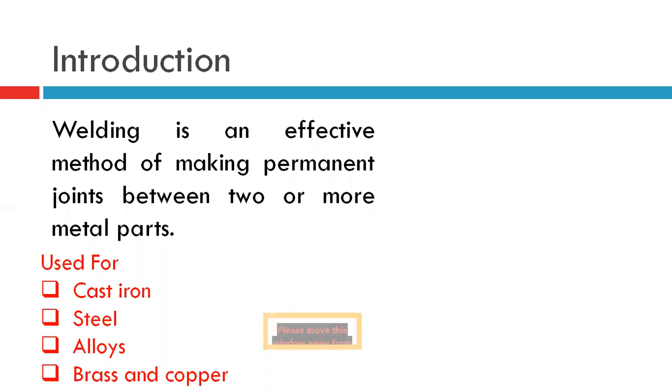In that case the two parts are definitely joined, but later we can disassemble them and remove them very easily. Another method is riveting, to join two different metal parts. But riveting is a costlier method. It is definitely a permanent joint, but it needs different machining processes.